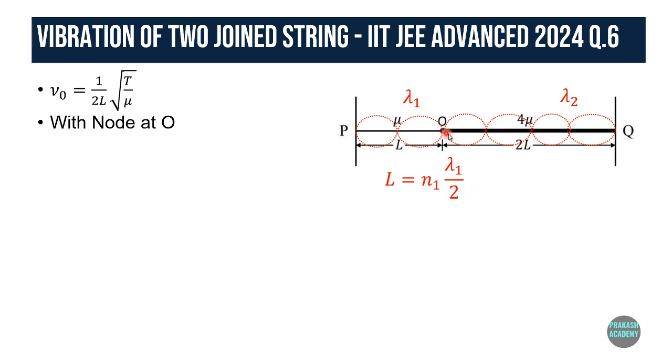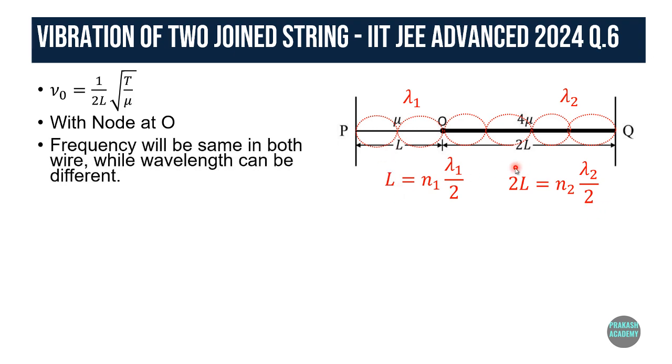Similarly, I can write another equation from this string, that is n2 times lambda 2 by 2, and this should be equal to 2L. So this is the length 2L, and this will be equal to the number of loops, let us say n2, times the length of each loop, that is lambda 2 by 2.